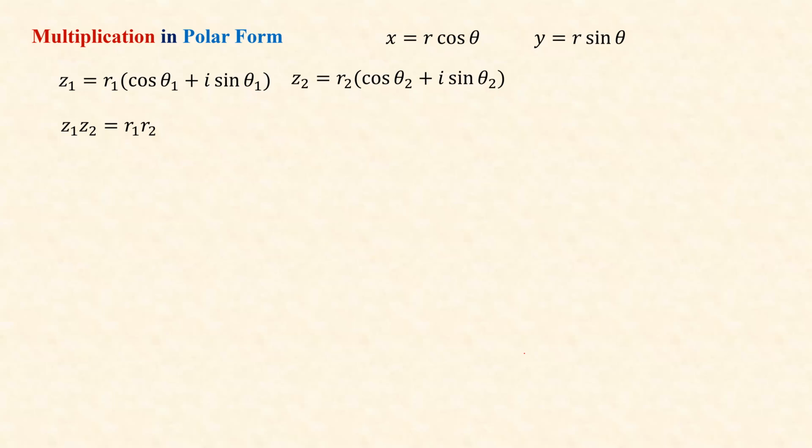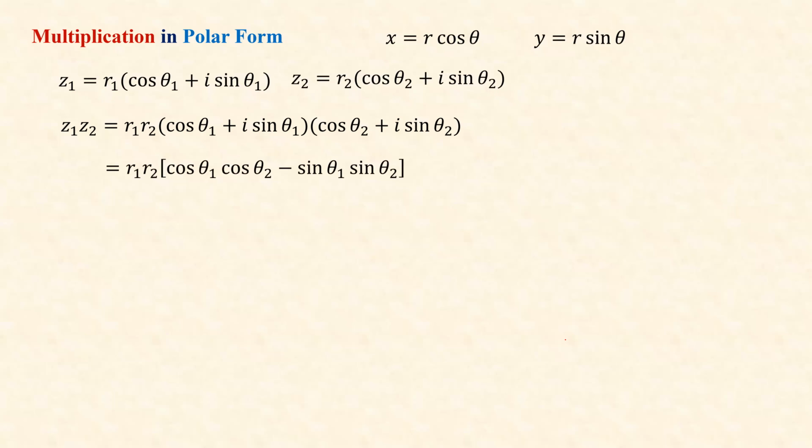First R1 times R2, and then we have cosine theta 1, cosine theta 2 minus sine theta 1, sine theta 2, right? This is the real part. The imaginary part will be sine theta 1, cosine theta 2 plus cosine theta 1, sine theta 2.